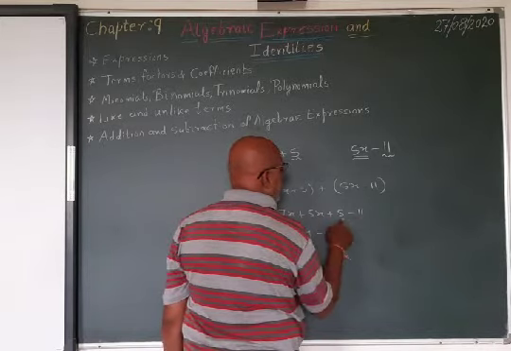Even you can subtract this. See here how to subtract. If it is 7x plus 5 minus 5x minus 11, then we can write it as 7x minus 5x plus 5 minus minus 11, which is plus 11.